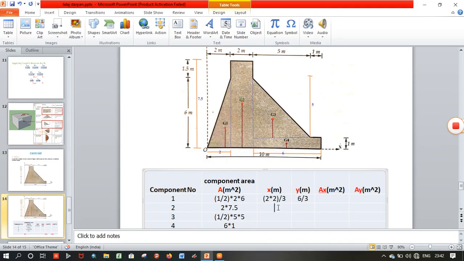Okay, so the x distance becomes 2 plus 1, it becomes 3, because this distance is 2 and this distance is half of it, 2 meter is 1 meter from here to here. And along the y-axis from here to here is nothing but half of the height, that is 7.5 divided by 2.